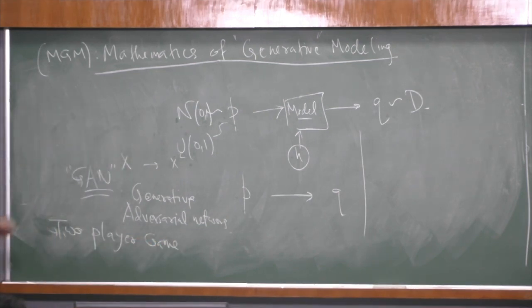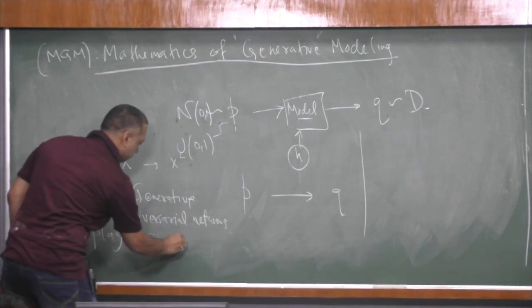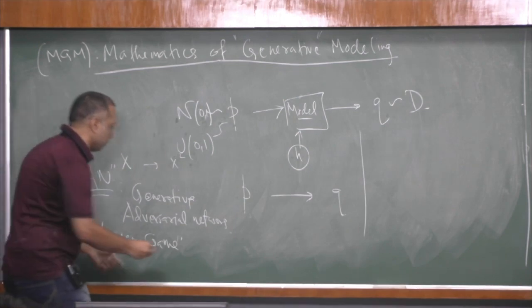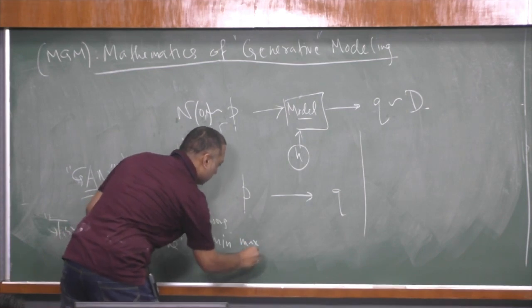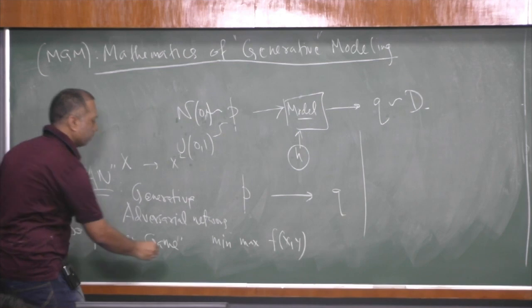Obviously we will see a lot more about that, but saying too many things may not be good right now. Two-player means essentially it's an optimization problem, min max type. Not just min, but min max. Something like that: min over x, max over y.